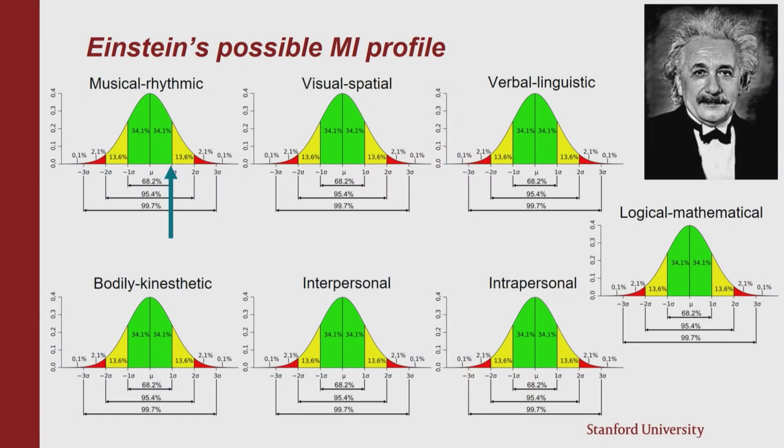So in terms of the first one, musical, he is actually quite musical. He played the violin. And visual spatial, he really can imagine a lot of things in his head without any assistance. So he is really way ahead of everyone. And verbal linguistic, he's kind of okay.